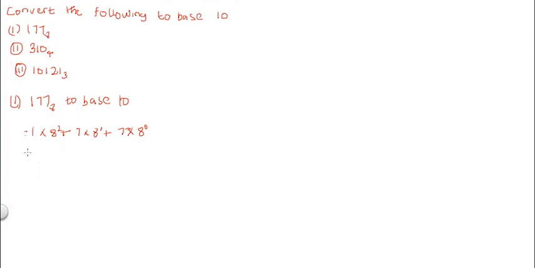So this is equal to 1 times 8 raised to power 2, which is 64, plus 7 times 8, plus 7 times 8 to the power of 0, which is 1. So plus 7 times 1.